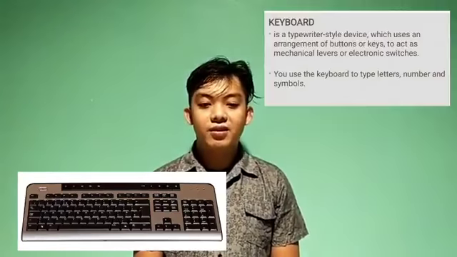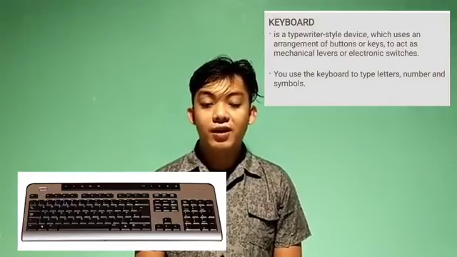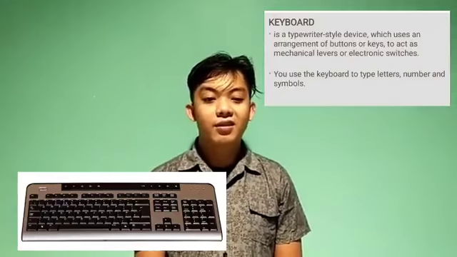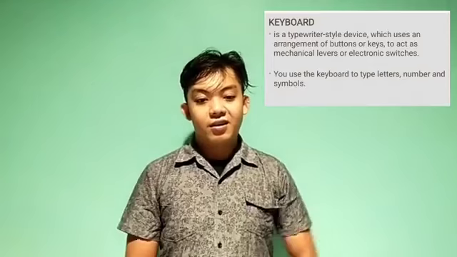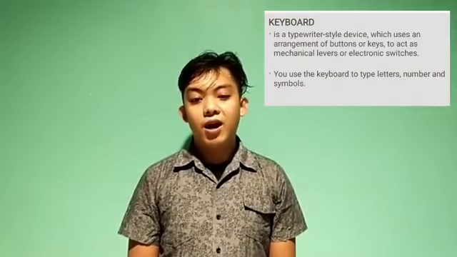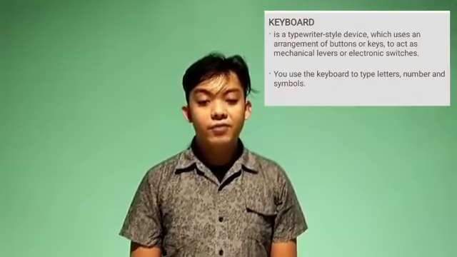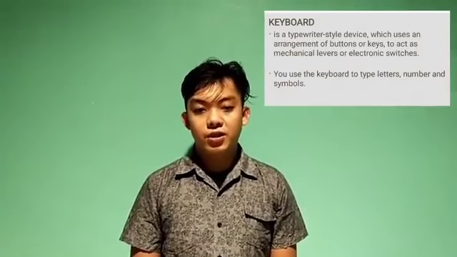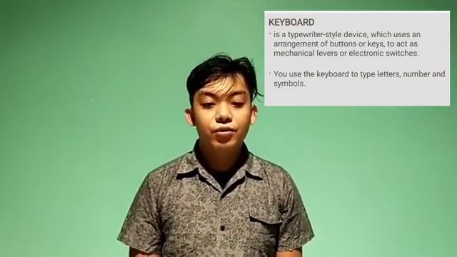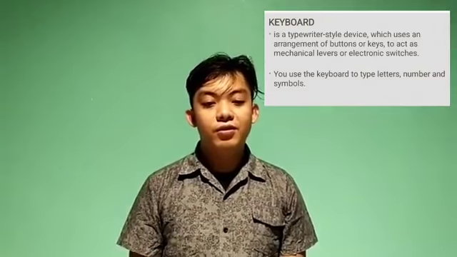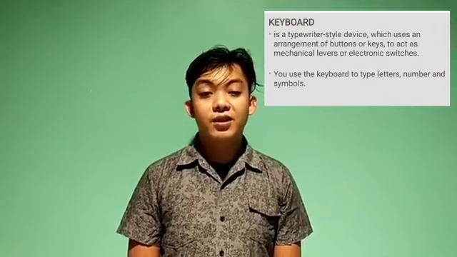Keyboard is a typewriter style device which uses an arrangement of buttons or keys to act as mechanical levers or electronic switches. You use the keyboard to type letters, numbers, and symbols.